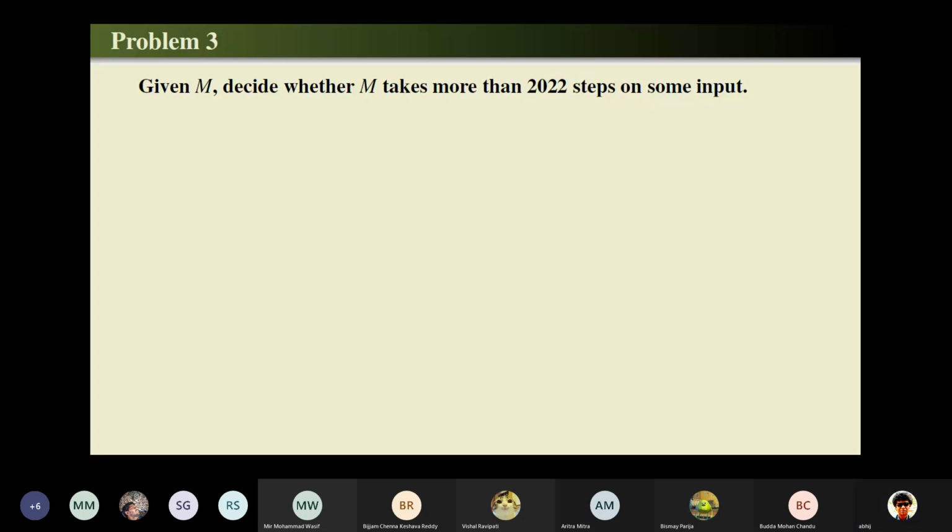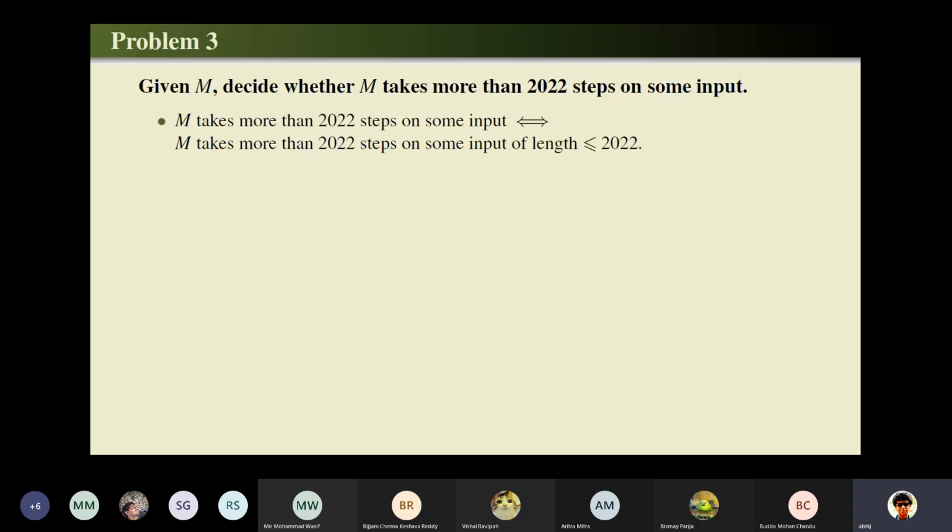So you can take all of the inputs which have length less than or equal to 2022. Somehow I have to squeeze this search from an infinite space to a finite space, and I have to take a decision based upon that squeezed search space. That's the idea. Better not use non-determinism because the issues are a little different there.